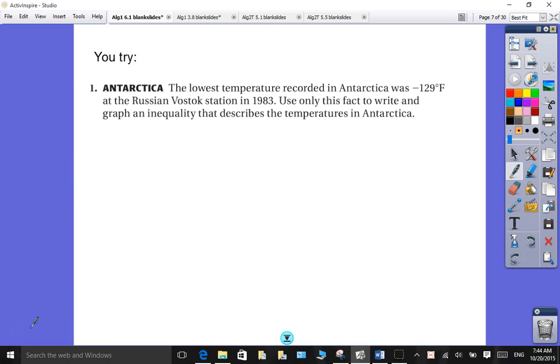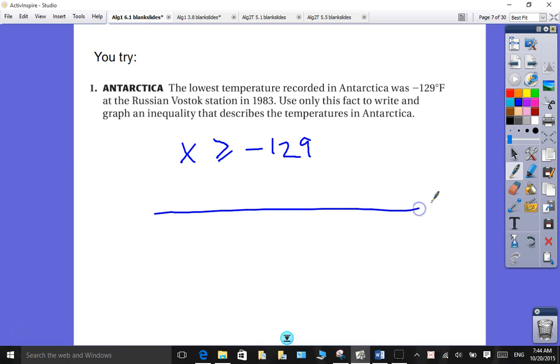Okay, so we used X again for the variable. And obviously -129 was going to be the number. And what was the symbol in between? Greater than or equal to. Right, and so you graphed it, and I know you had a -129 in it.